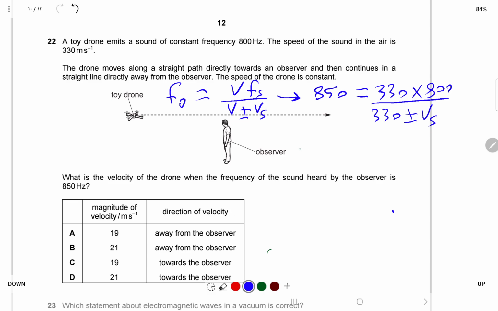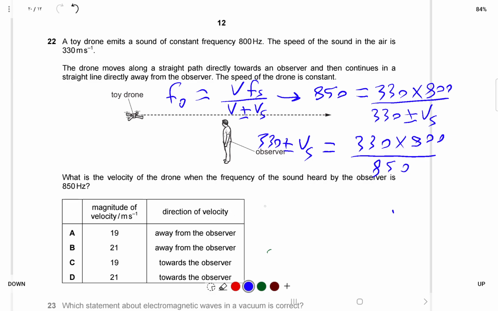Now if you rearrange this equation, you get 330 plus or minus velocity of the source equals 330 times 800 divided by 850. This is the math after rearranging the equation.